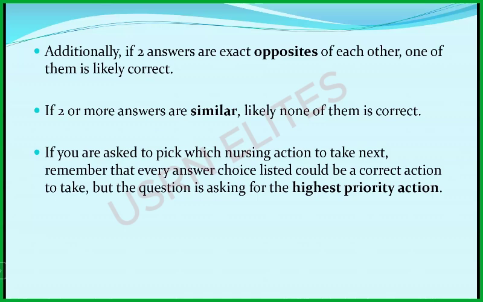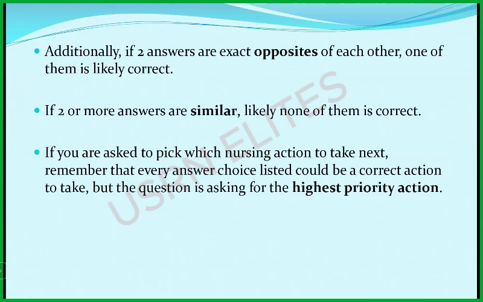Let's say you've been given a question that asks you to select among the options which ones are signs of septic shock. In the options, you have hypotension, hypertension, tachycardia, bradycardia. You see these things?